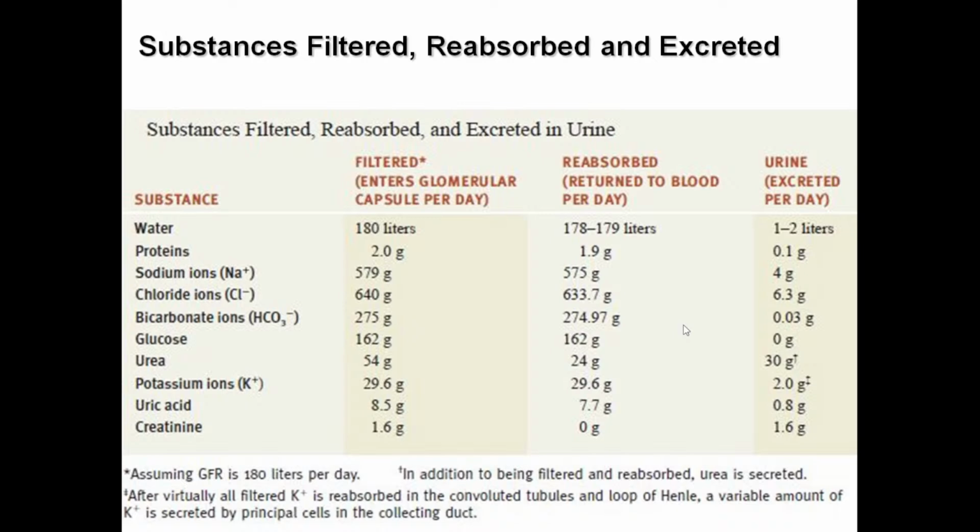And the model of filtration and reabsorption applies to most of the substances, as you can see on the slide. For others, such as potassium and hydrogen and some organic molecules, the rate of secretion also matters. Secretion into the urine across the nephron epithelia might be the most important to consider as for the excretion.